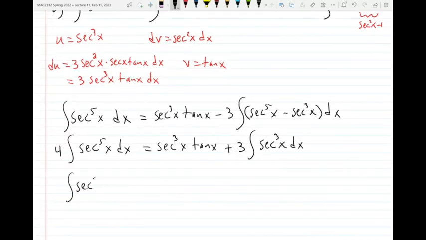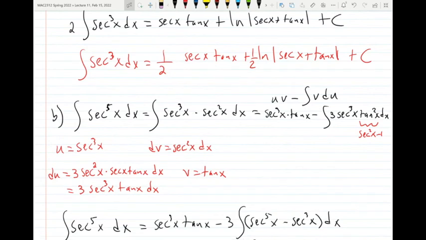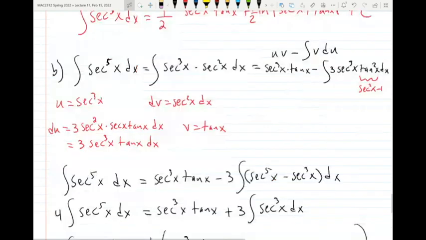So our integral is 1 over 4 times secant cube tangent plus, and now 3 times the integral of secant cube, which is what we have in there, right?